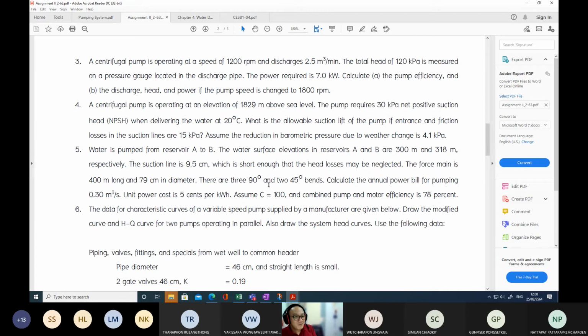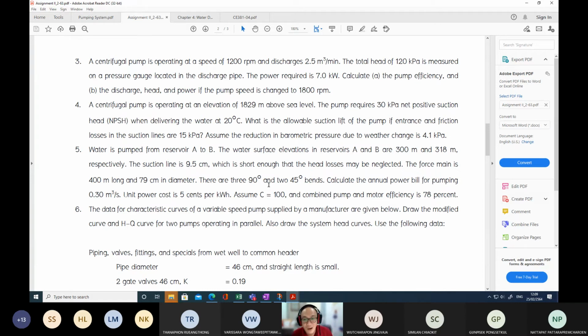A centrifugal pump is operating at a speed of 1200 RPM and a discharge of 2.5 cubic meters per minute. The total head of 120 kilopascal is measured on a pressure gauge located at the discharge pipe.